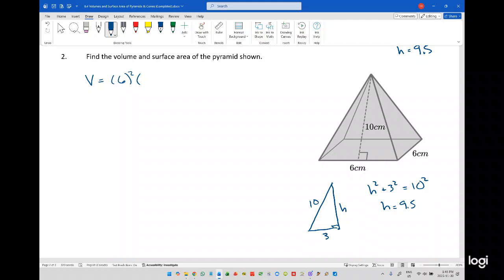Okay, so back up here, area of base times height. That would be for a prism, but for a pyramid, I take the exact same thing and divide by 3. All right, so 6 squared times 9.5 divided by 3 equals 114.